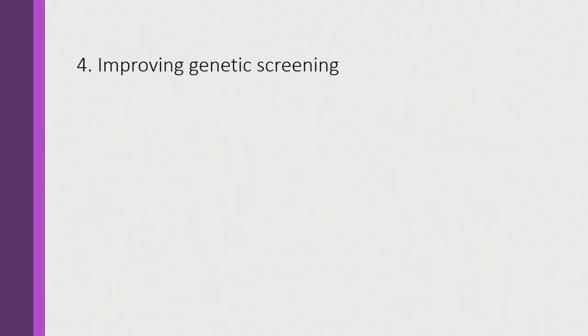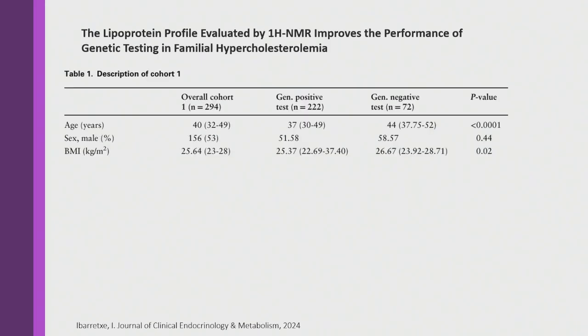And by using that, we can also try to improve the genetic screening. For that reason, I have prepared a couple of slides describing an algorithm that we developed by using this technology, including 2 populations. One was an adult population, around 300 people, that tested positive for the Dutch clinical score for FH, and was also tested genetically. Two thirds of the population tested positive genetically, and the rest negative.